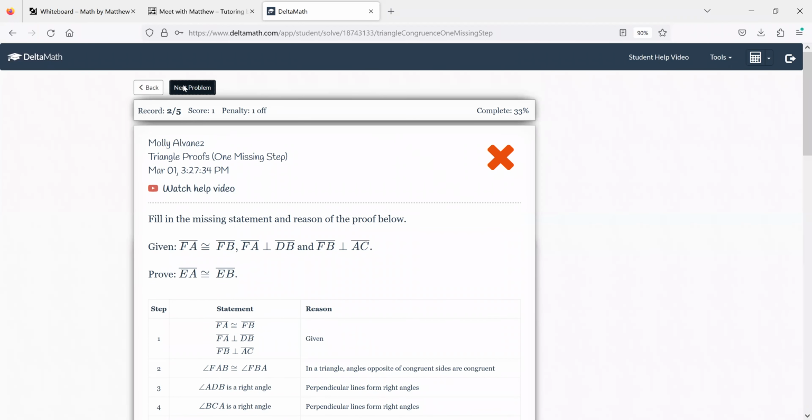All right. BE is congruent to BD. All right. AD is congruent to CE. And then the angles are congruent because the sides are congruent.